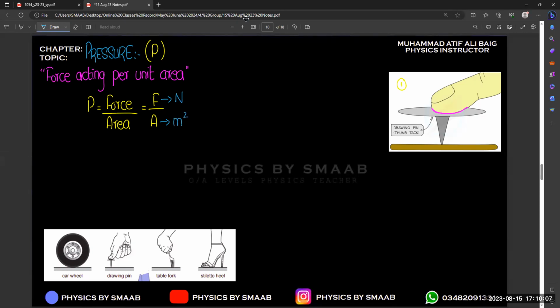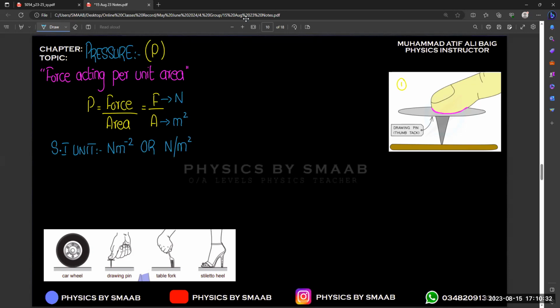So if you don't know the SI unit, you can simply derive it from your formula. So your SI unit will be equal to Newton per meter square. Or you may also write it like this, Newton dash meter square, both are acceptable, right?